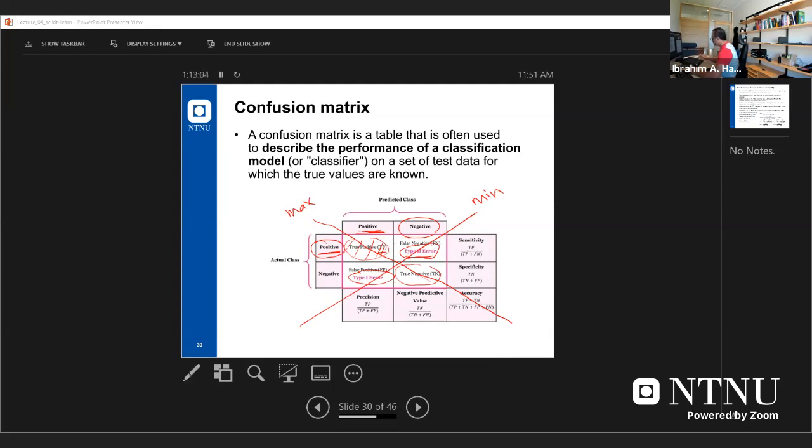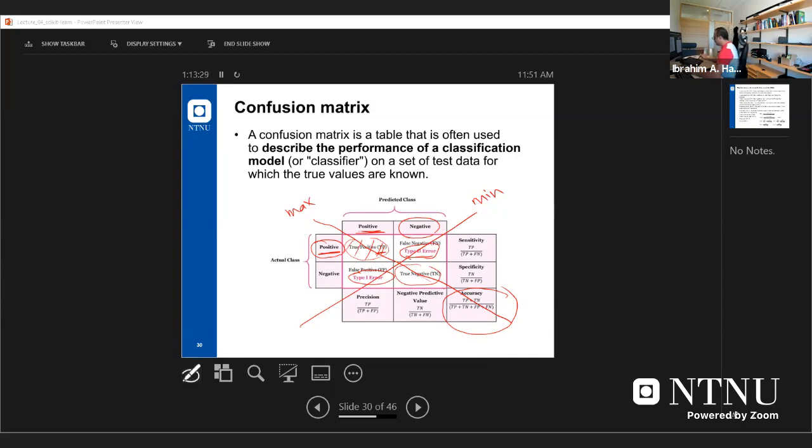From this confusion matrix, you will get sensitivity, you will get specificity, you will get accuracy. Accuracy is easy. It's true positive plus true negative divided by the total number. So the accuracy will be true positive plus true negative divided by all classes, by n, for example.